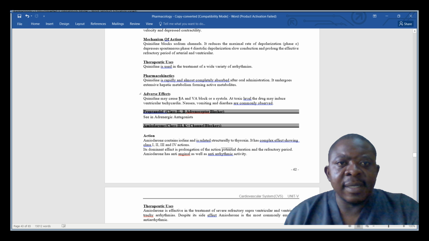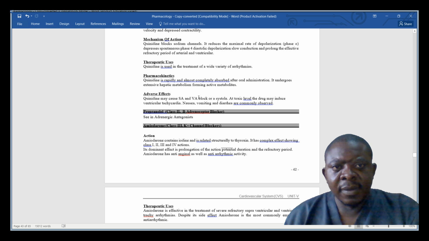Pharmacokinetics. Quinidine is rapidly and almost completely absorbed after oral administration. It undergoes extensive hepatic metabolism, forming active metabolites. Adverse effects.